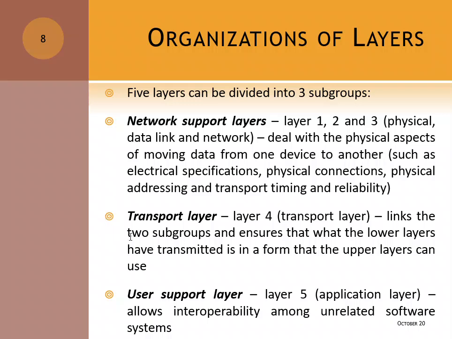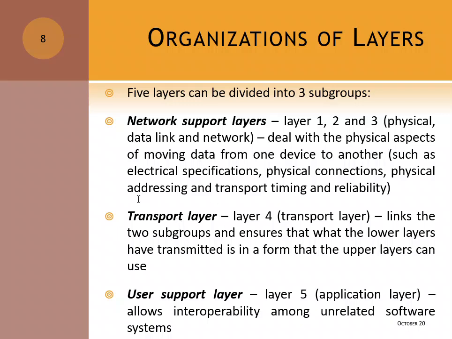Then second subgroup is transport layer. Transport layer is layer 4 only. Transport layer links the two subgroups, okay, subgroup network support layer dengan user support layer, and ensures that what the lower layers have transmitted is in a form that the upper layers can use.